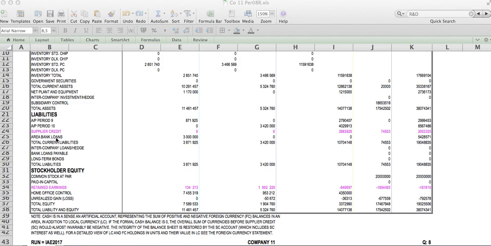Then you may have a local bank loan, which is what this company has. It has a $3 million bank loan in the US. And then we come to current liabilities, which is the sum of all liabilities until this point.